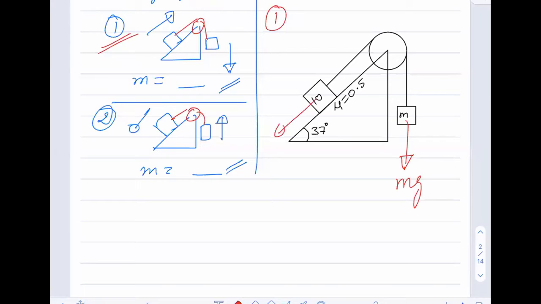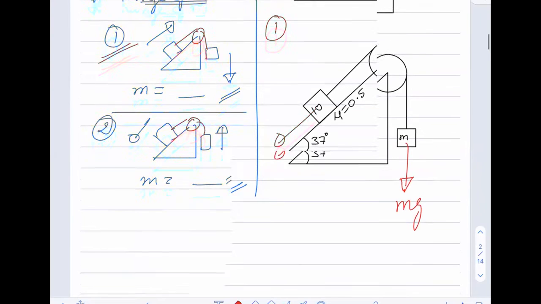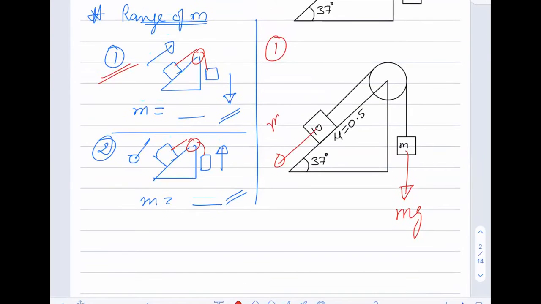Then one force will be in this direction, and that will be mg sine theta. So mg sine 37. And what is the value of m here?